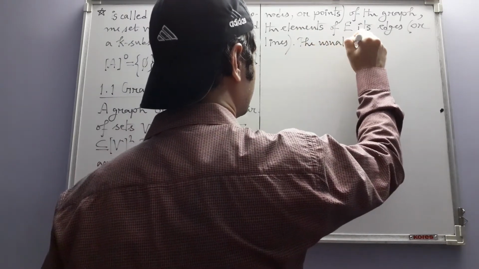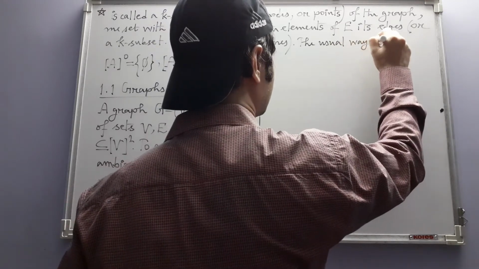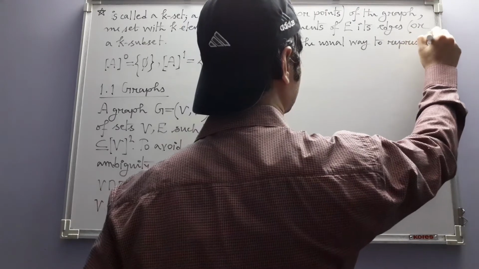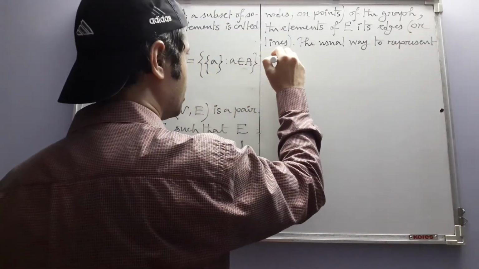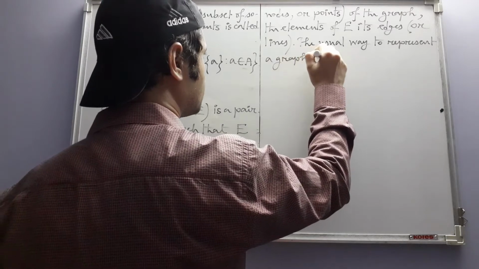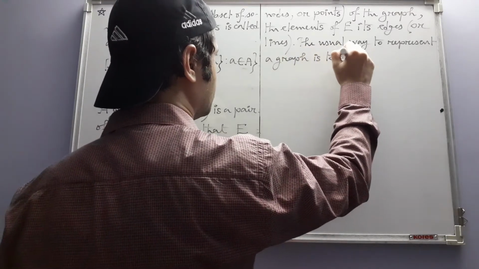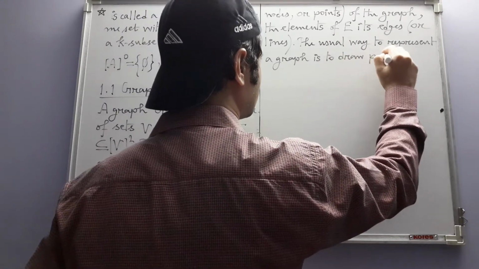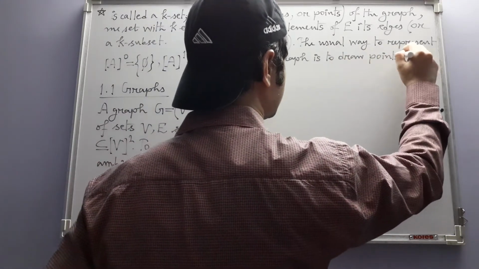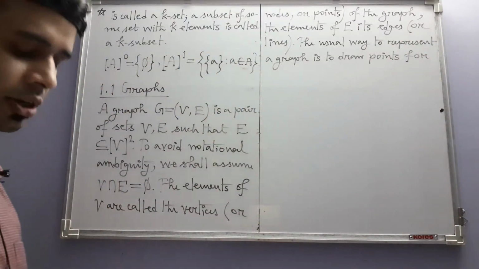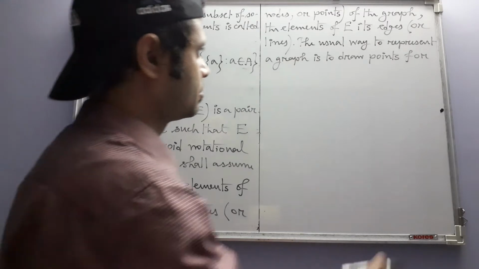The usual way to represent a graph is to draw points for the vertices, that is, a point for each vertex.